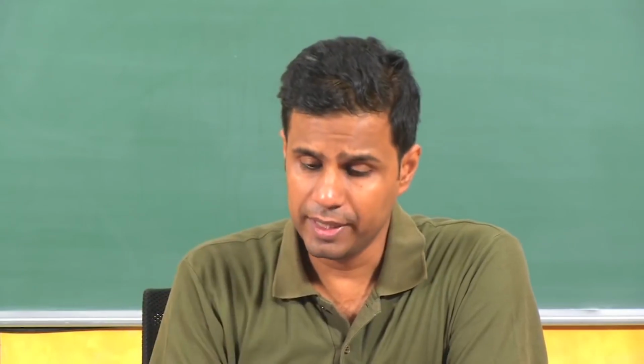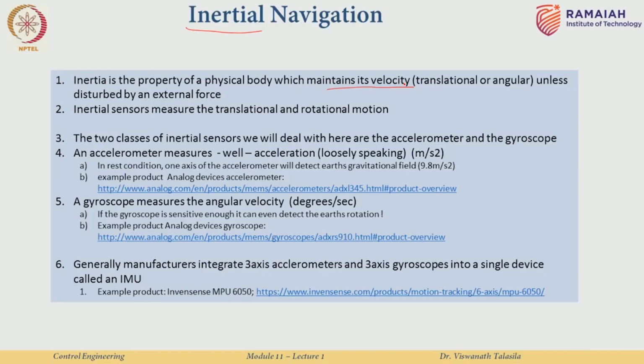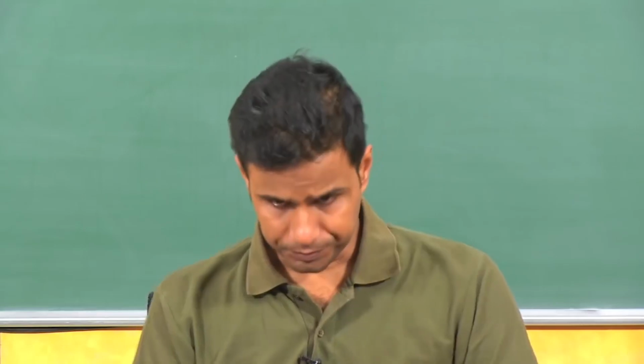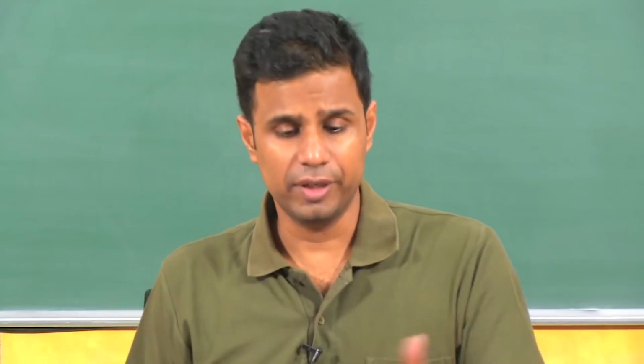They maintain their velocity, either translational velocity for the accelerometer or angular velocity for the gyroscope. They maintain their velocity unless they are disturbed by an external force. That is Newton's inertia law, right. So these sensors make measurements when they are disturbed by an external force, and this is why they are called inertial sensors.